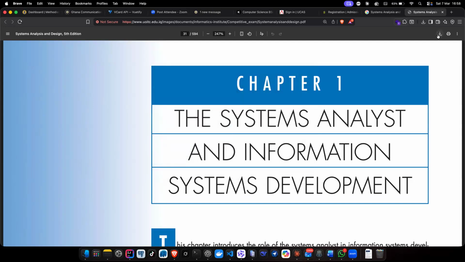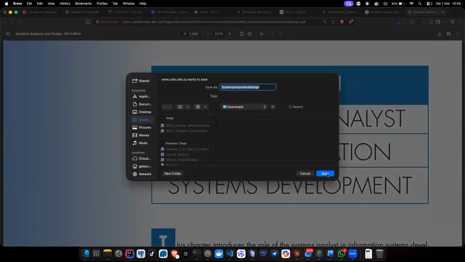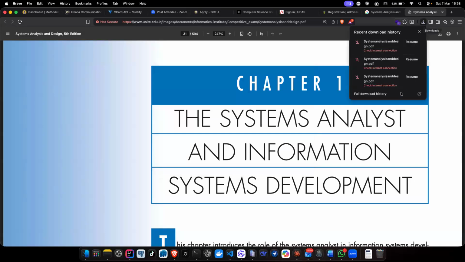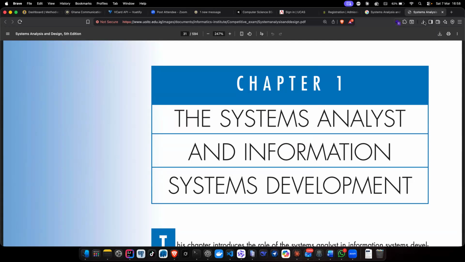Unfortunately, I'm not able to download. I'm sure it's because of the network also, because the site is not a secure site, so it's not allowing me.